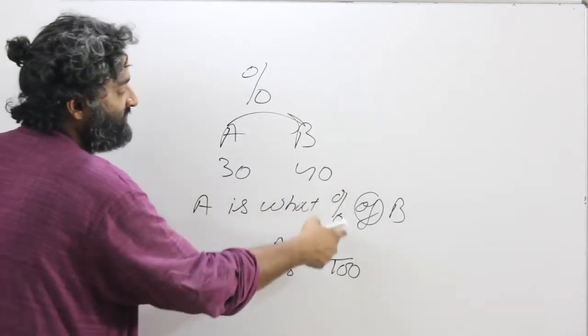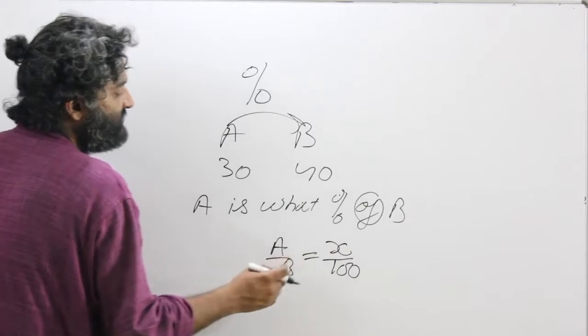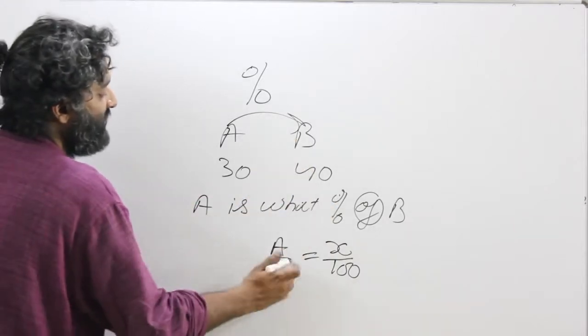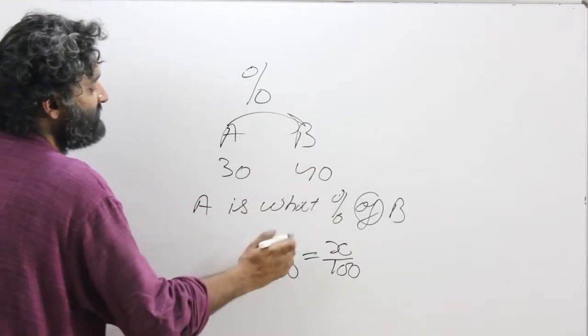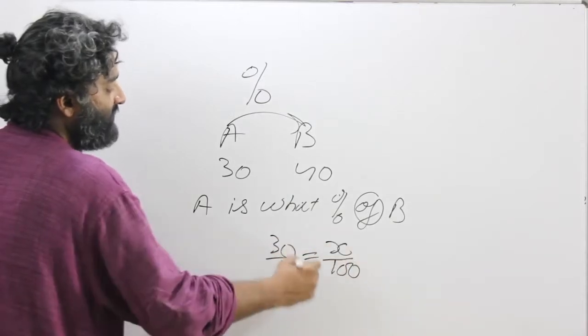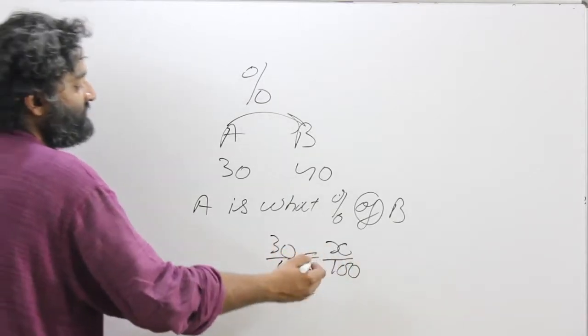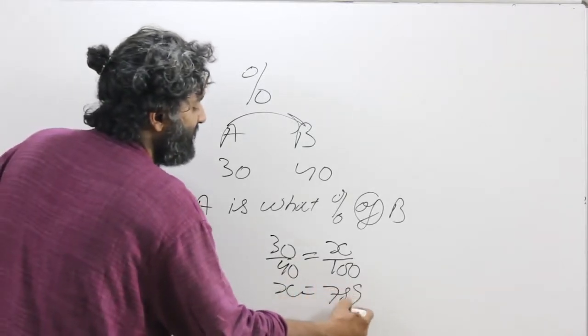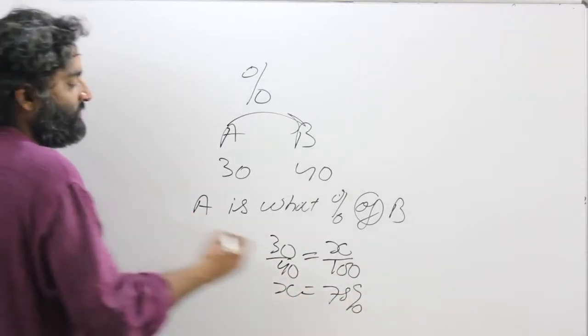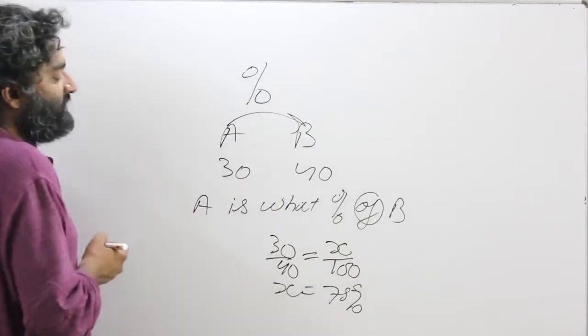And what percent? Because I do not know, this becomes X. Now I know B is 40, I can put 40 here, and I know A is 30. If I figure out the value of X, it becomes 30 by 40 into 100, which will give us 75%. Okay, I'm putting the percentage symbol there.